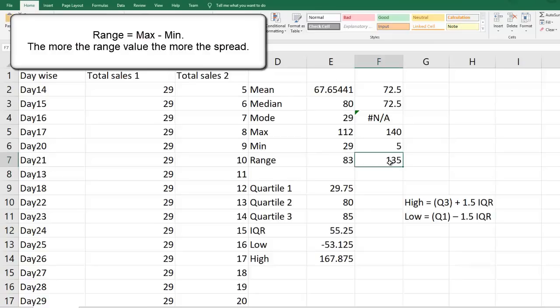This indicates that the spread of total sales 2 is much higher than total sales 1. So the first statistical formula to measure spread is just calculating the range, max minus min.